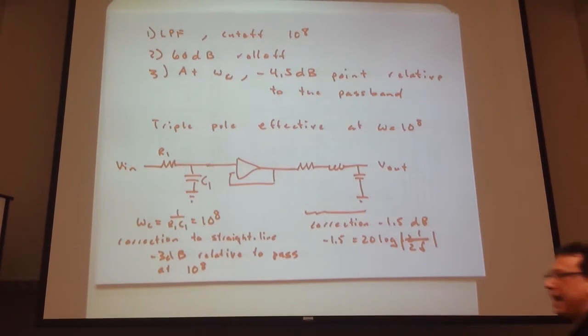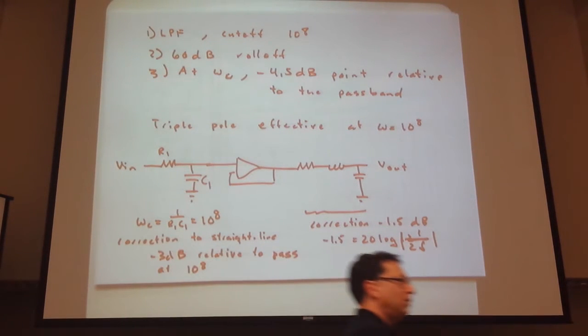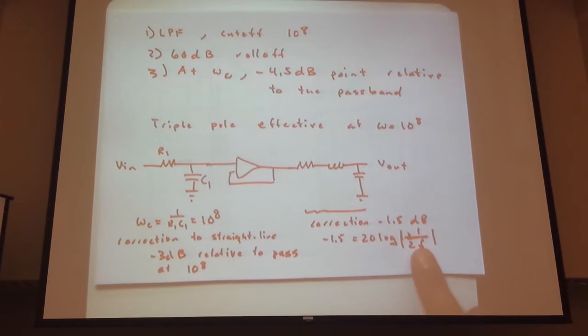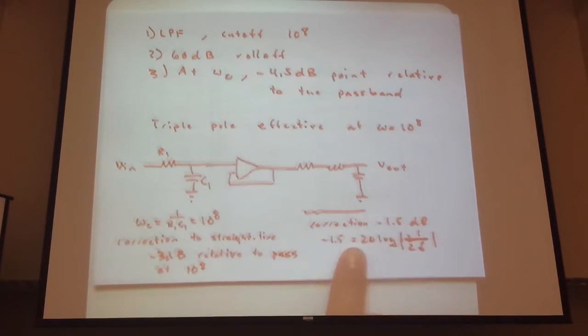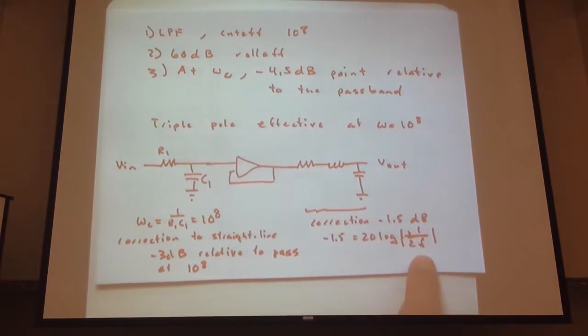In order for that to be negative, what must be true about the damping ratio? What must be true about this argument for this to be negative? It has to be between 0.5 and 1 to answer the ultimate question, but this has to be less than 1 for this to be negative, which means 2 delta is larger than 1. And going back to the original question, delta is between 0.5 and 1.